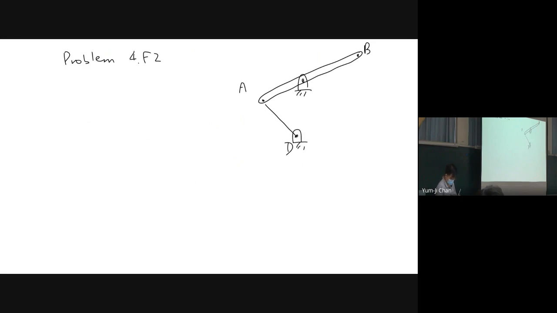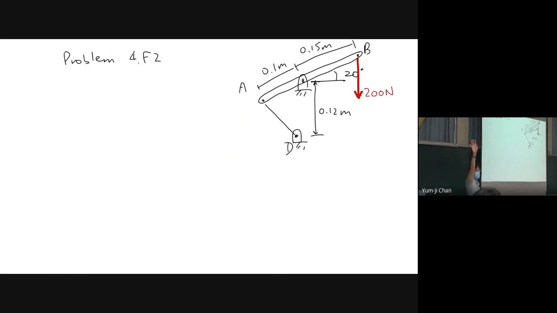And we have this is 20 degrees, and this is 0.15 meter, and this is 0.1 meter. You know it is in the textbook, and you can look at your homework. And we have one force of 200 newtons here, right?